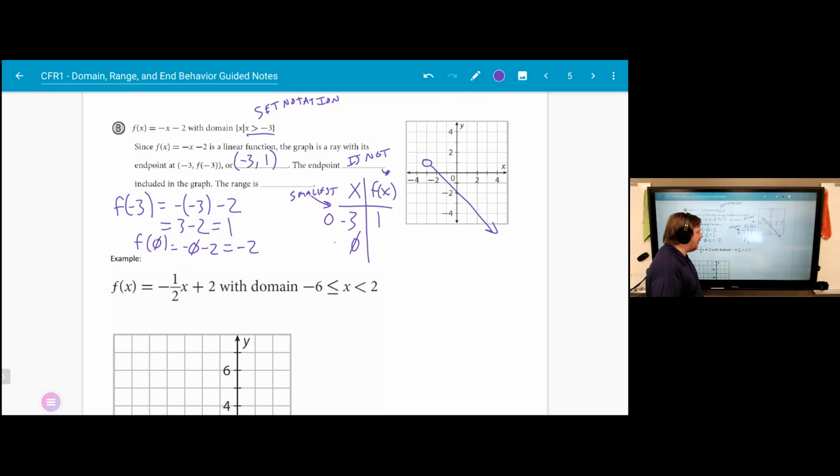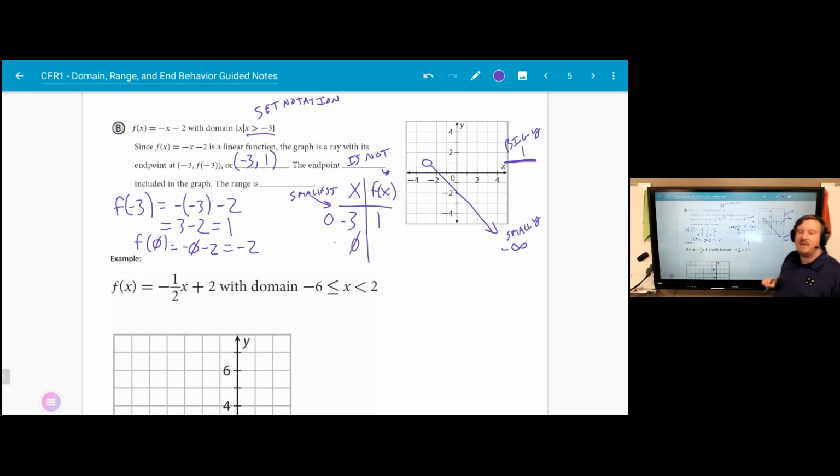And the range, well, we got to look at the range. What's our smallest y value? Well, this arrow is pointing down. And if I remember correctly, pointing down, it would be negative infinity for my smallest y. And my biggest y, oh, it stops right here. My biggest y was 1.